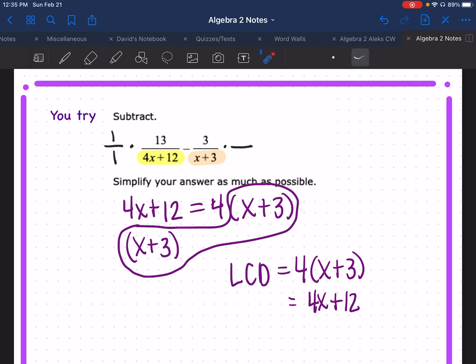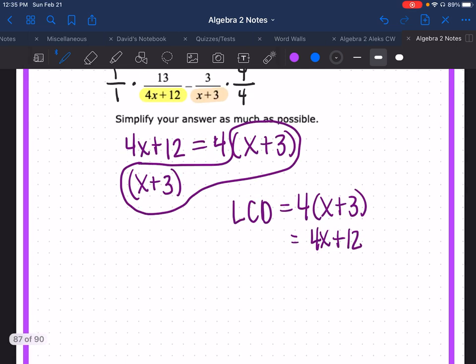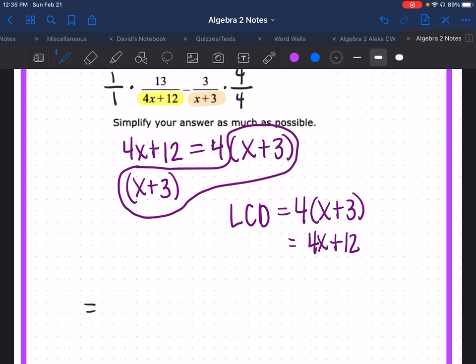What do I need for this to become this? Well, I have that. All I need is 4 so that I can become 4x plus 12. So times 4 times 4. Let's go ahead and start multiplying. 4x plus 12.